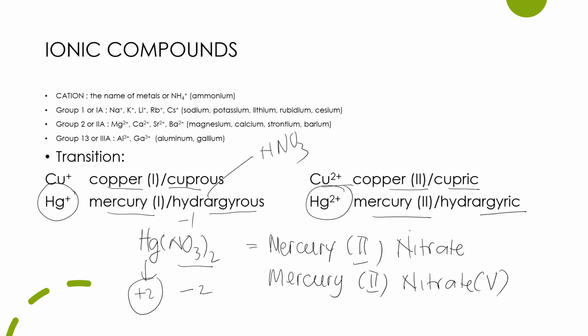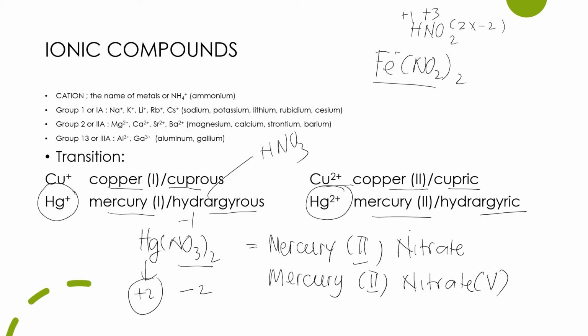When we have Fe(NO2)2, NO2 comes from HNO2. The oxidation state of N here is +3, +3 and 2 times -2, giving -1.